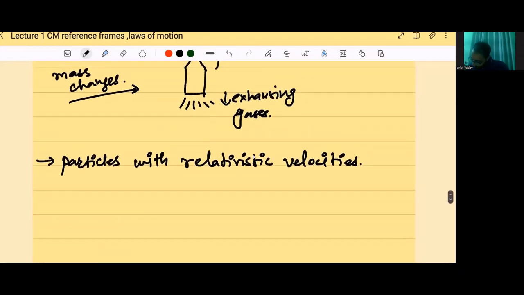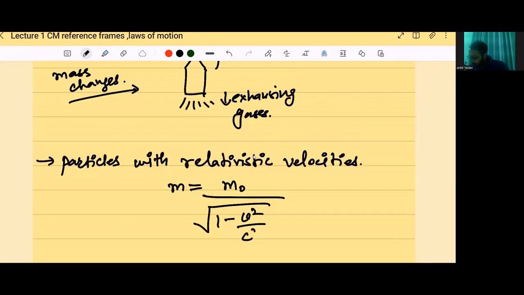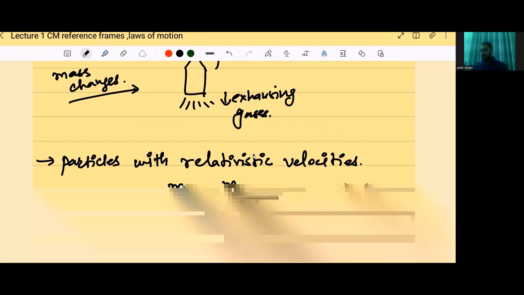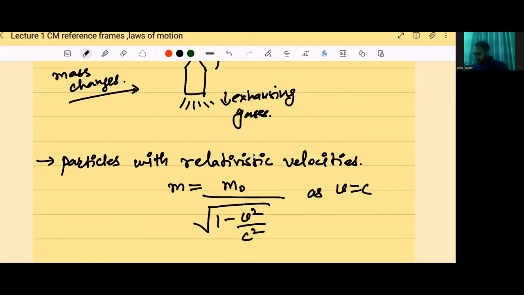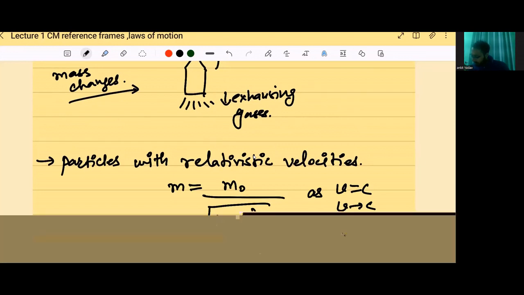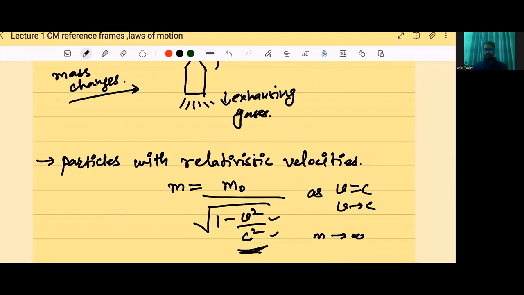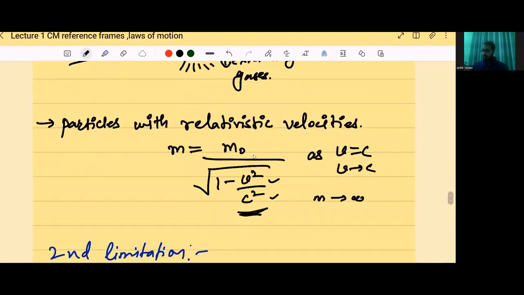There m is equal to m naught upon root of 1 minus v square by c square. As v approaches c, this quantity will become 1 minus 1, which is 0, so mass will tend to infinity. As mass tends to infinity, the law again fails.